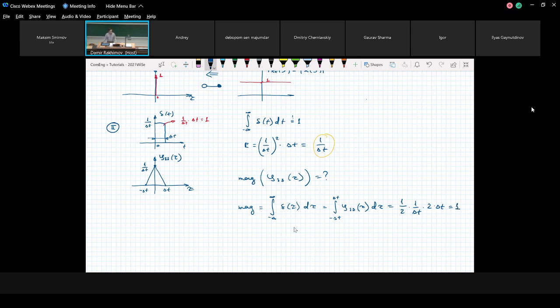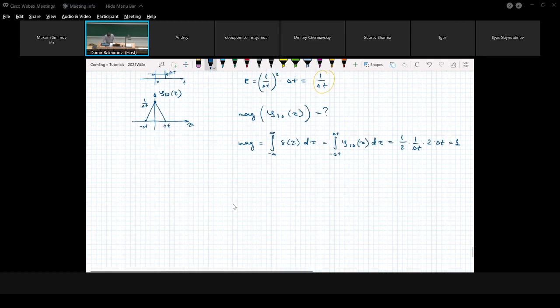As a result, you see that the resulting magnitude equals 1. So it approximates our delta pulse quite well. In general, we have magnitude equal to 1. And the next step, we just put delta t going to 0.